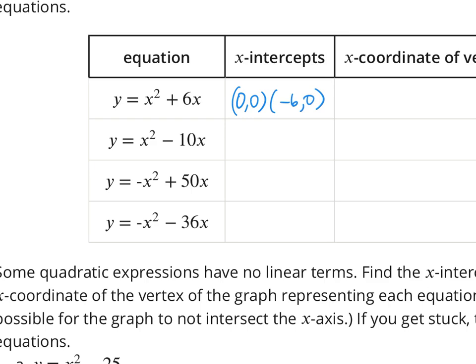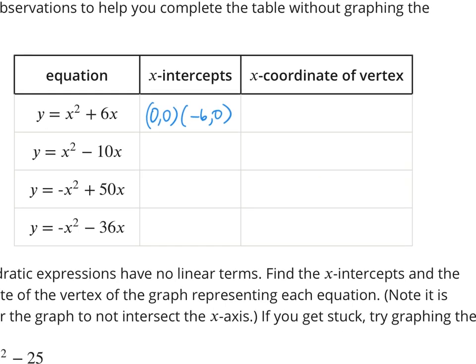That explains the shift to the left. To figure out the x-coordinate, you're just taking halfway between the 0 and the negative 6, which in this case is negative 3.